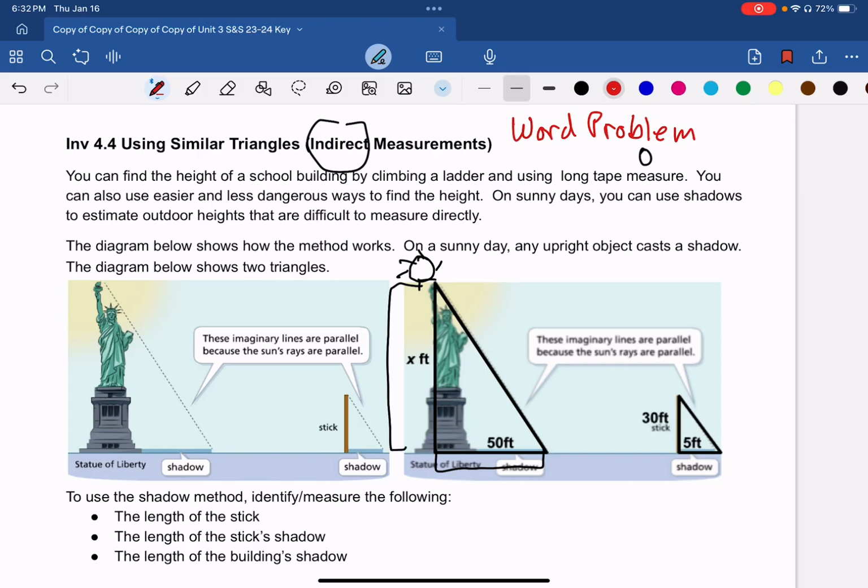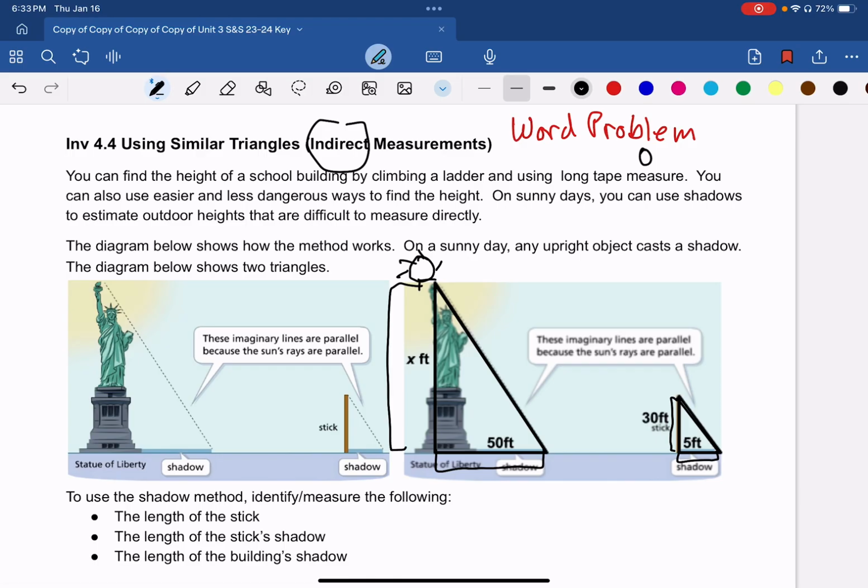Let's say you take a stick and you know it's 30 feet. And the sun is still out, so it must cast a shadow. And we measure it, it's 5 feet. 5 feet is super easy. We could do that with a tape measure. And then we connect those two things and we make a triangle to make our life easy, right?